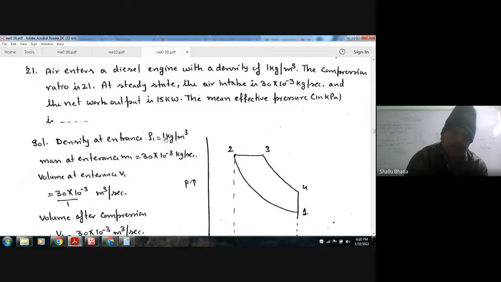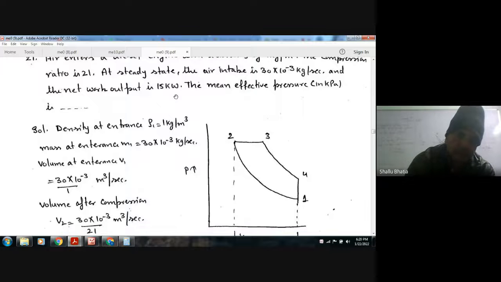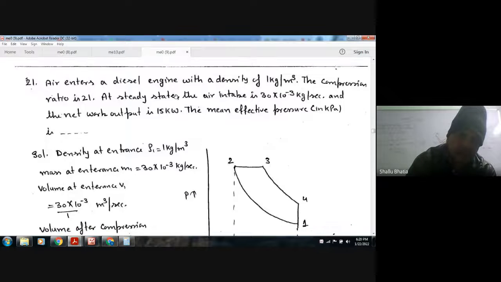Then this is the mean effective pressure. Density is 1 kilogram per meter cube, compression ratio is 21, mass of intake air is 30 into 10 to the minus 3, and net work output is given as 15. So now it is easier to find the mean effective pressure.